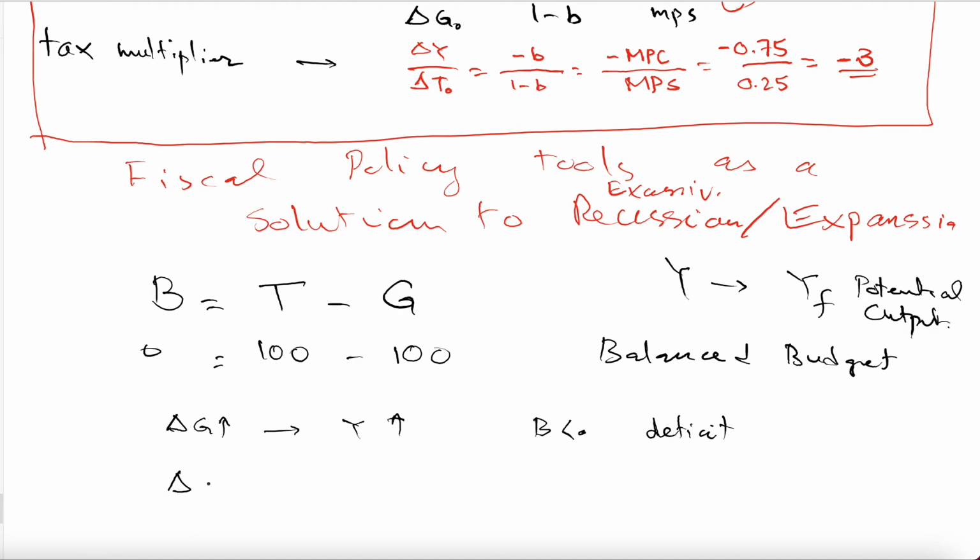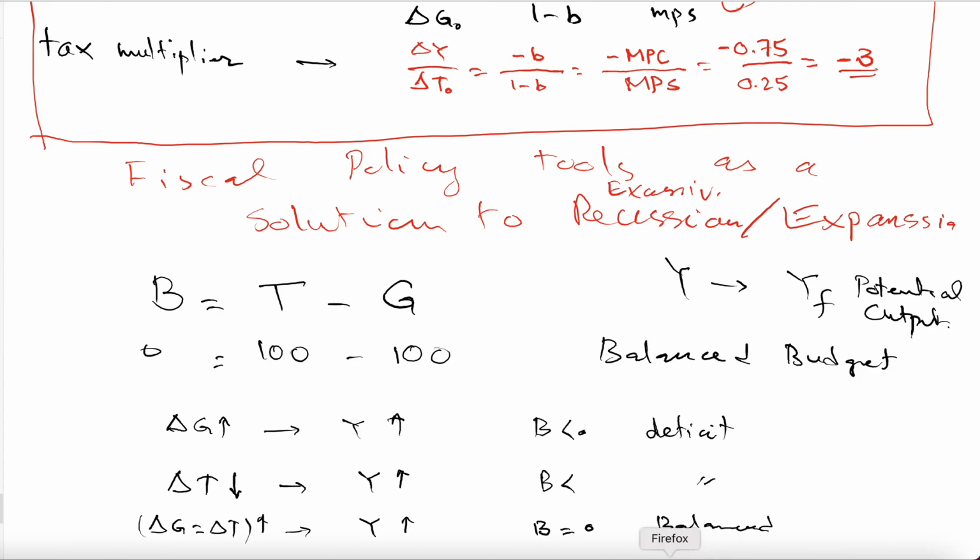Or we may give a tax cut and cause the Y to go up. And then again, because we are reducing this and we keep G fixed, the positive side is less than the negative side. Again, we go to the budget deficit. But if we increase both of them equally, up or down, then the Y is also changing, but the budget will remain balanced.